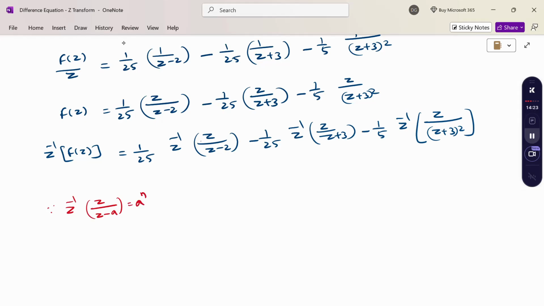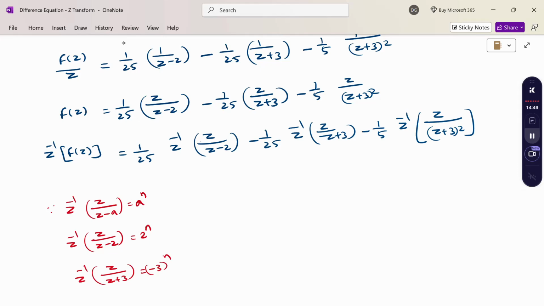So here z⁻¹ of z/(z-2), the a value is 2, so 2ⁿ, and here z⁻¹ of z/(z+3) gives (-3)ⁿ. Now here we have z/(z+3)².